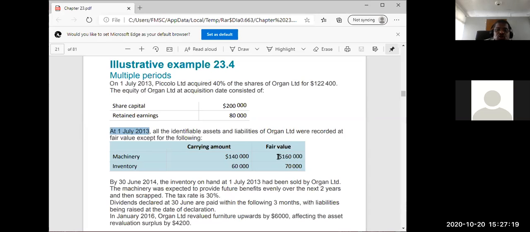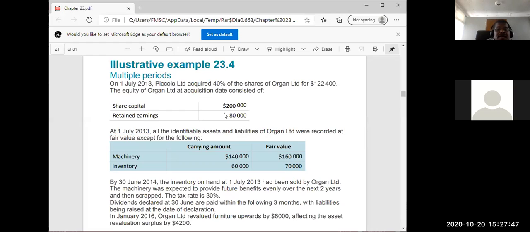So we need to bring the fair value into the books instead of this carrying value. Instead of this, we have to bring this, and instead of this 60,000, we have to bring this 70,000. So we are increasing the assets here by 20,000, and here by 10,000. So that is the story.